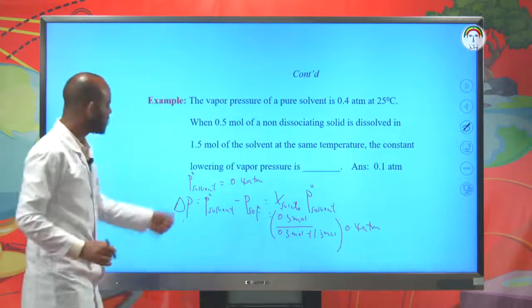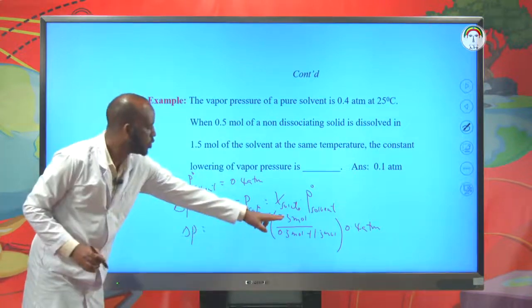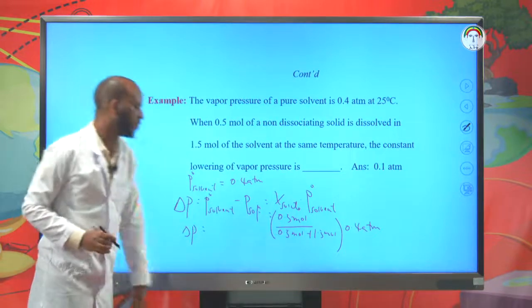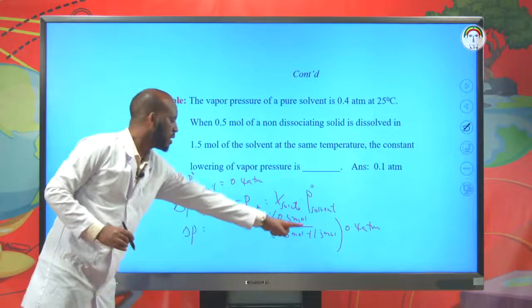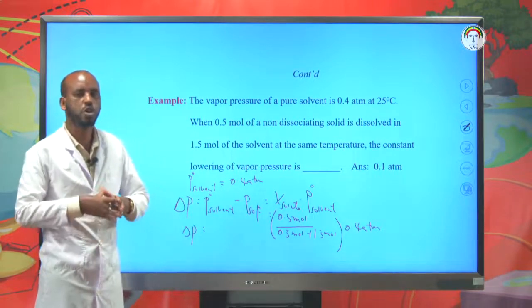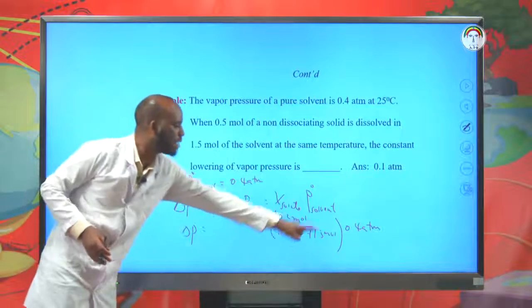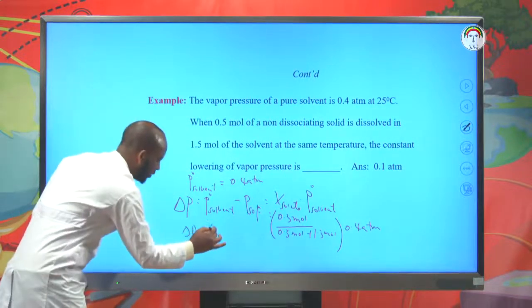Now the lowering in vapor pressure, delta P, equals 0.5 divided by 0.5 plus 1.5, which is 2 mole. Mole will be cancelled by mole. Mole fraction has no unit. Therefore, 0.5 divided by 2 times 0.4 atmosphere is 0.1 atmosphere.